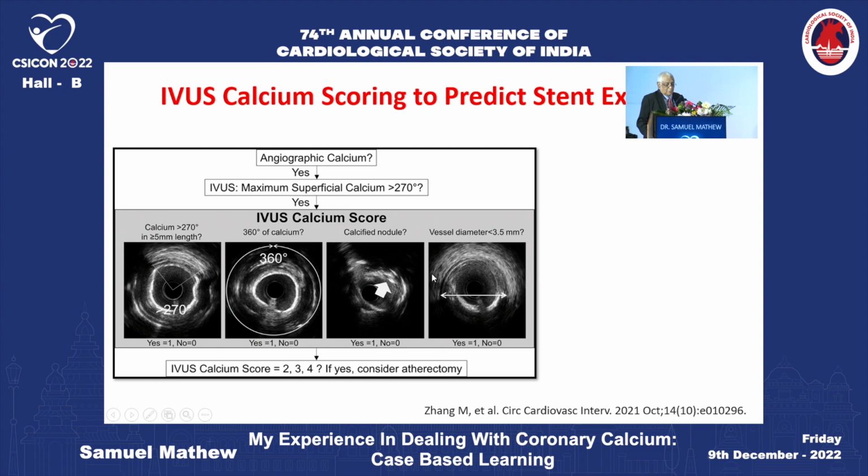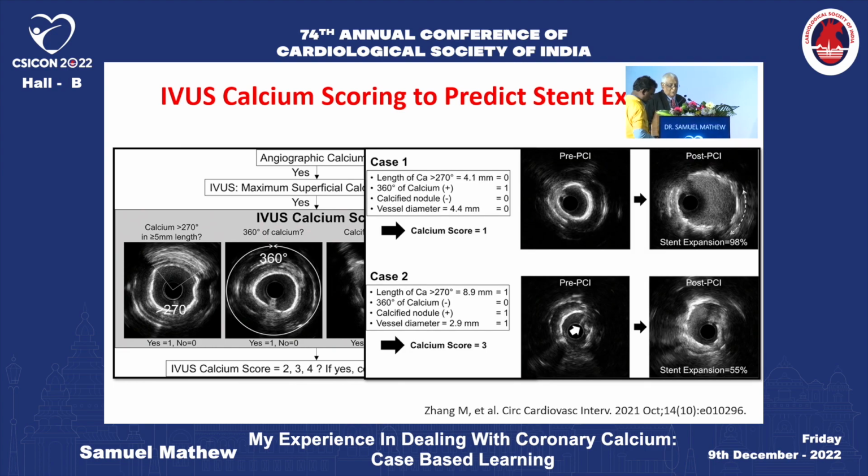In calcium, is there any scoring mechanism to determine whether we need to use any other device or a plain balloon would be good enough? There is an intravascular IVUS scoring system which has been developed. The higher the score, the more difficult it is to handle, and we need some additional devices.